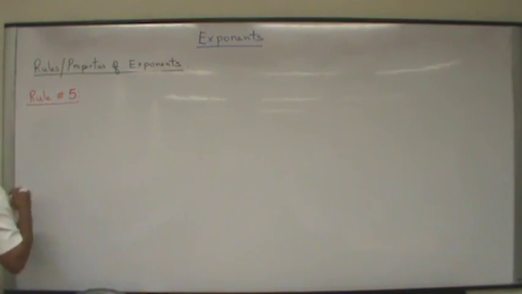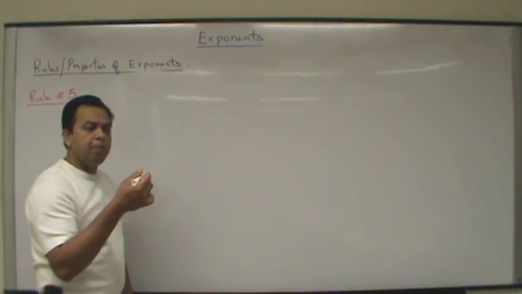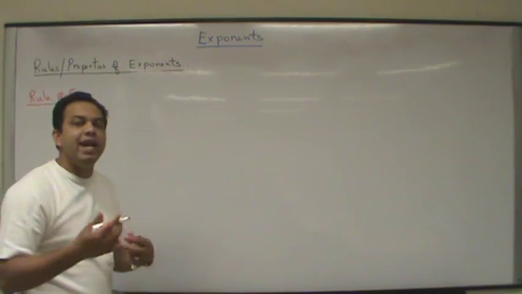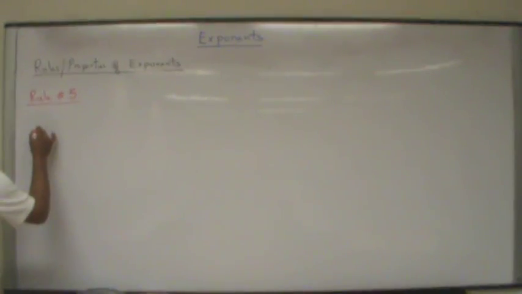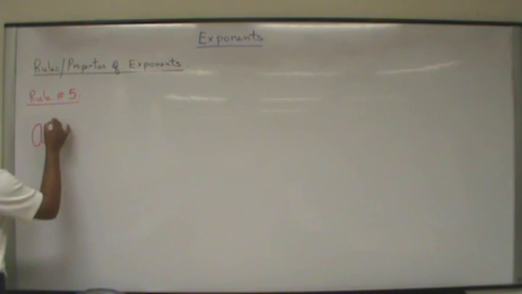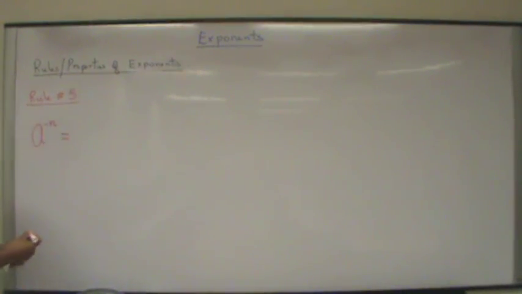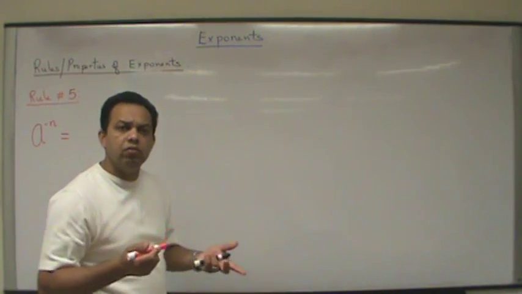So the fifth rule indicates how do we simplify exponents when they're negative? What do we do with negative exponents? For example, a to the negative n power. Well, what it means is the negative sort of tells us that we have a fraction.